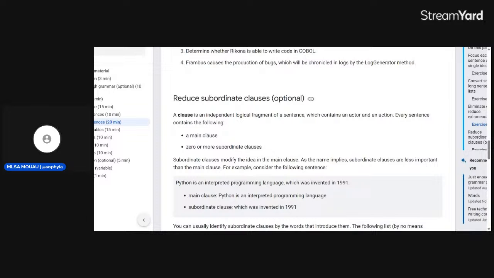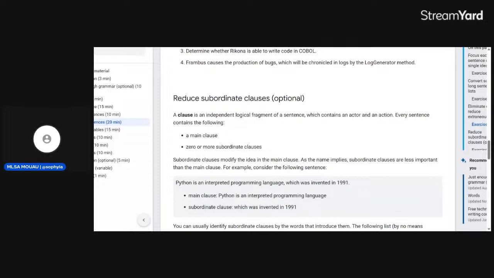Okay, and here it says reduce subordinate clauses. A clause is an independent logical fragment of a sentence that contains an actor and an action. In other words, a clause is an incomplete sentence that has the person performing the action and the action that is being performed.